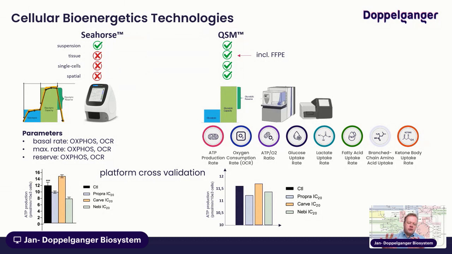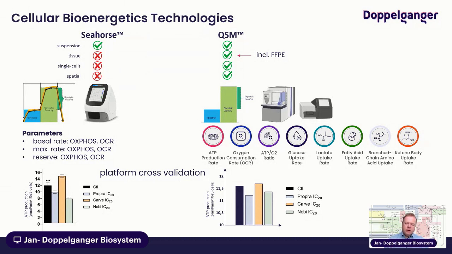Going deeper into why a cell switches, for example, from fatty acids to a glucose metabolism, we look at the substrates, mainly glucose uptake rates, lactate uptake rates. Often these rates are negative because cells are exporting lactate. We look at fatty acid uptake rates, but we also look at branched chain amino acid uptake rates and ketone body uptake rates.